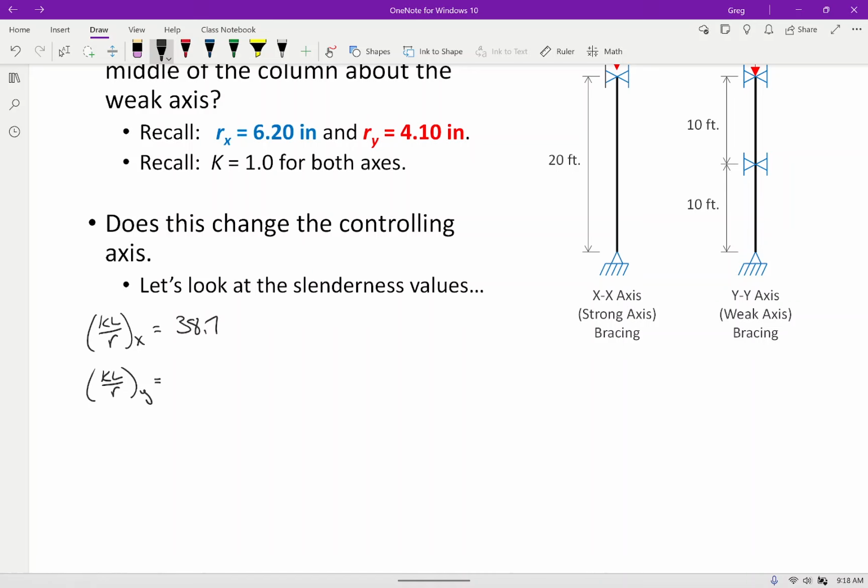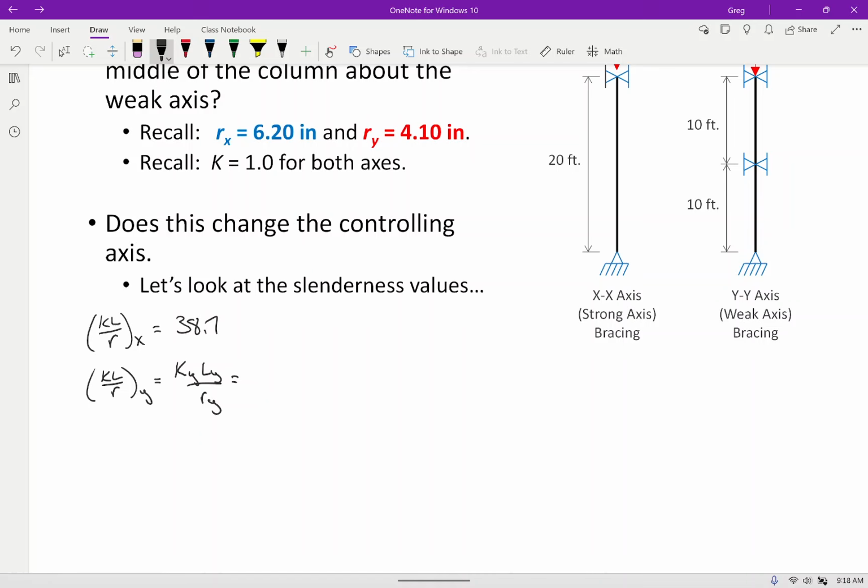But what about KL over r for the y-axis? What happens here? Well, let's take a look at it. What changed? Did the K value change? No. This is pin, pin, pin, pin, pin, pin. None of the boundary conditions changed.